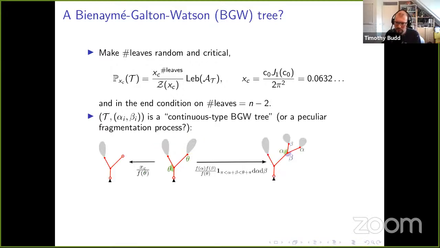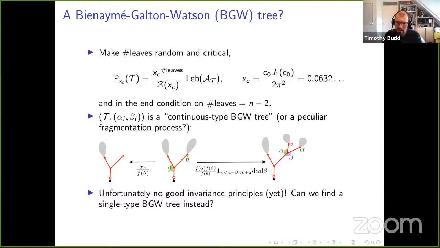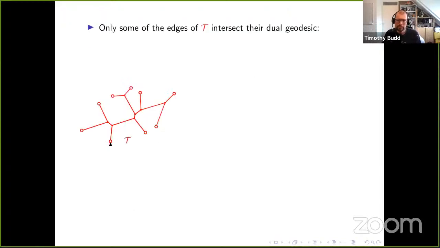Let me not go into detail how these types describe the offspring distribution. But the point is that we do not have good invariance principles for these random trees that have a continuous family of types of vertices. So the big question is, can we find within these continuous type trees some single type regular Galton-Watson trees?